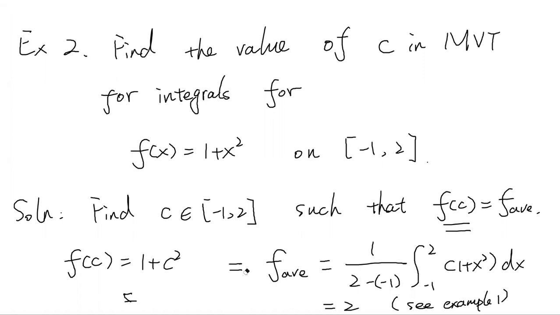So basically you link these two equations, and you get 1 plus c squared is equal to 2. And from here, c squared is equal to 1, and c is equal to plus or minus 1.